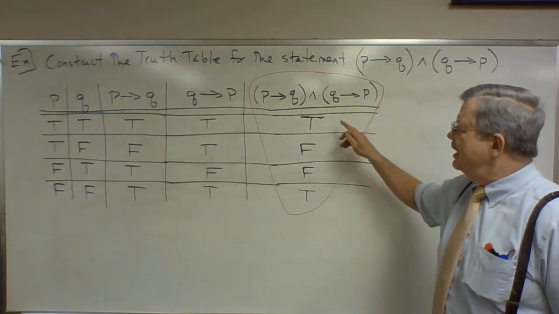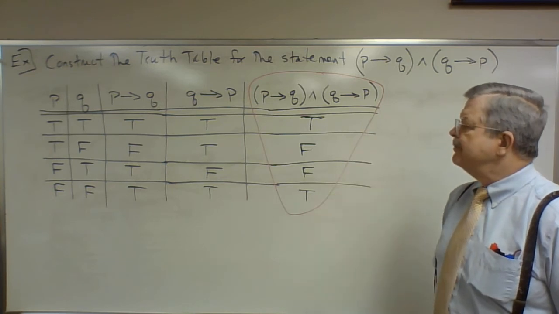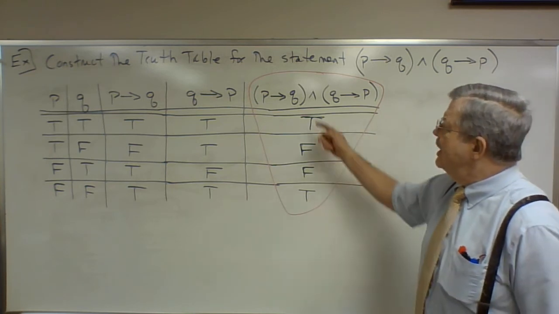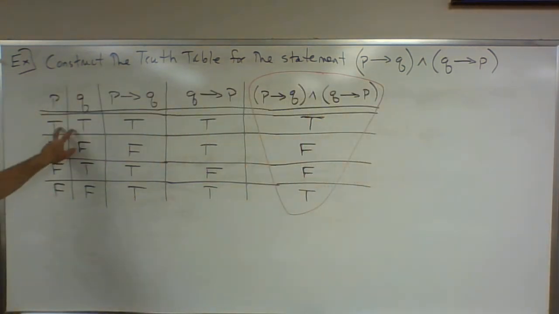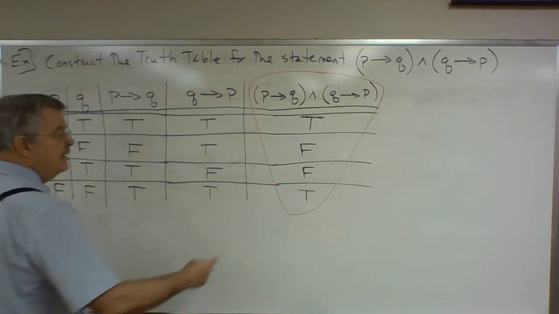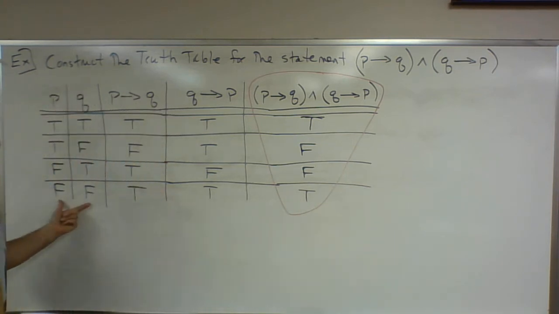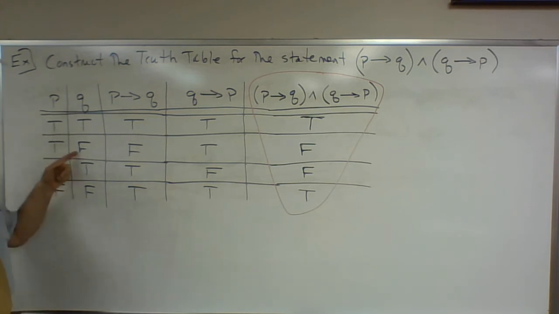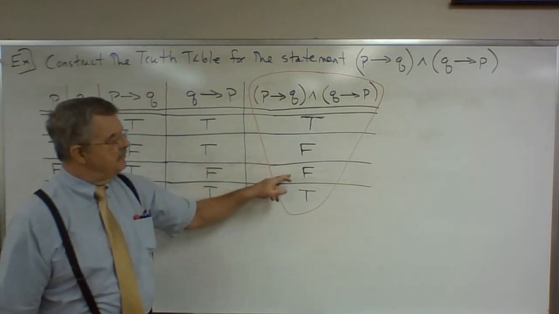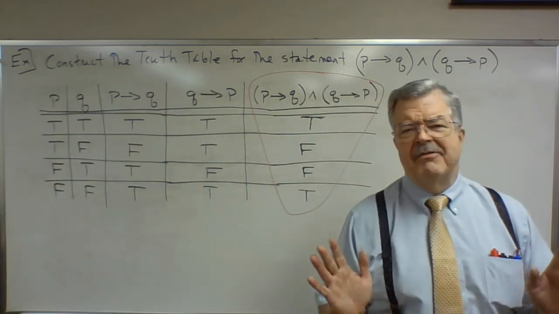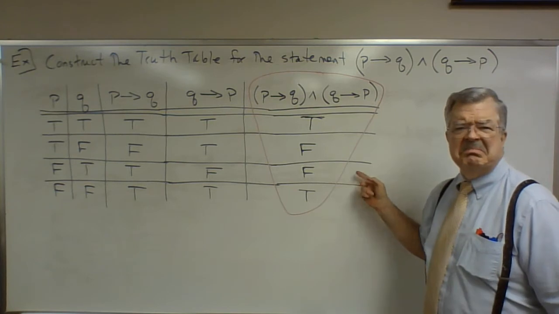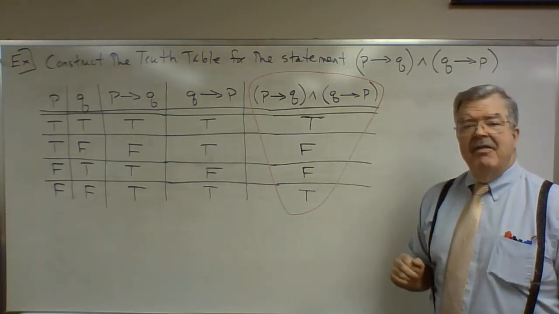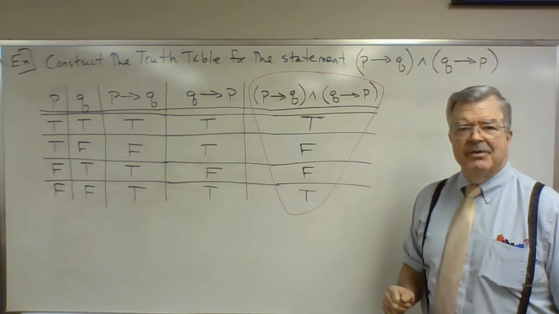But we want to remember how the truth values turned out here. And let's see, when was this thing true? This thing was true when both P and Q were true. And this thing was true when both P and Q were false. The other two times, when one was true and one was false, the statement was false. Okay, we'll remember that for another 5 or 10 minutes. There's a reason why we want to remember this for another 5 or 10 minutes. And then we'll forget it, sort of.